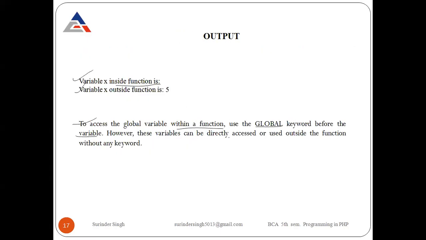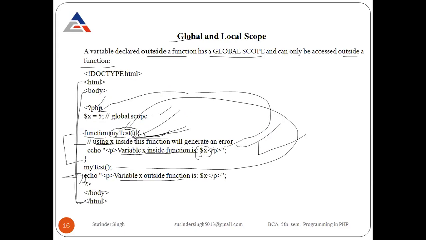However, these variables can be directly accessed or used outside the function without any keyword. Clear? A global variable will be accessible outside of any function without using any keyword, like a normal variable we access. But in the function, to access a global variable, you have to use the global keyword.